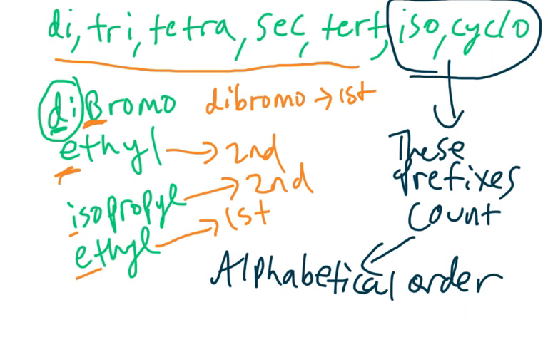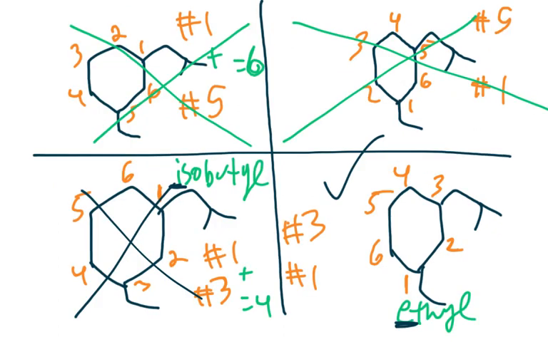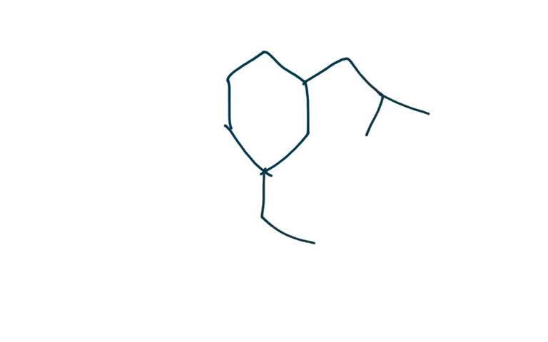So let's go ahead and take this molecule and write it on another page. All right, so we have a cyclohexane ring, an isobutyl substituent, and an ethyl substituent, and the numbering pattern we chose was the least carbon number would go to the alphabetical winner, which is ethyl in this case, as compared to isobutyl. So we would have 4, 5, and 6. And now, what do we have here?